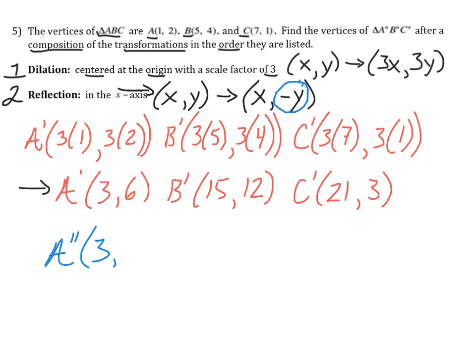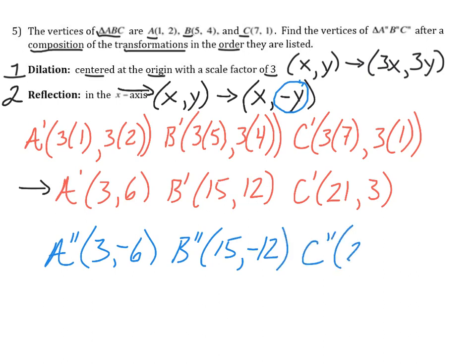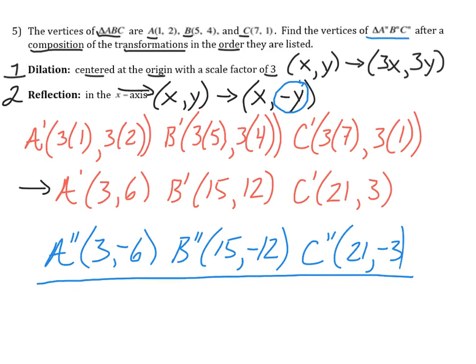So I'm going to go from 3, 6 to 3, negative 6. B double prime is going to move to 15, negative 12. C double prime is going to move to 21, negative 3. And there's my final coordinates for A double prime, B double prime, and C double prime after this composition of transformations.